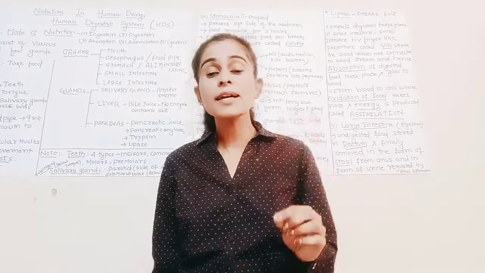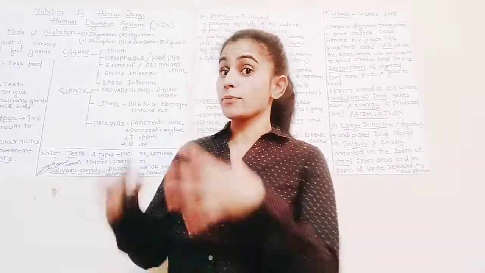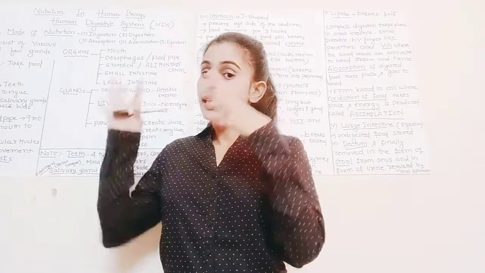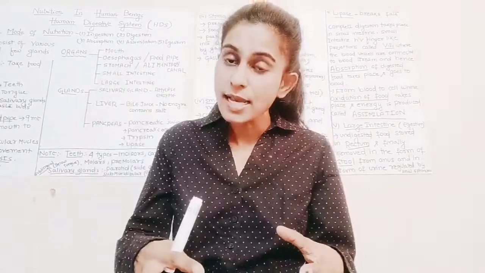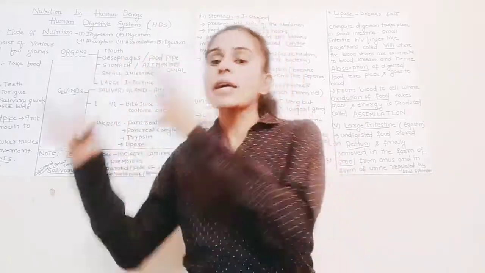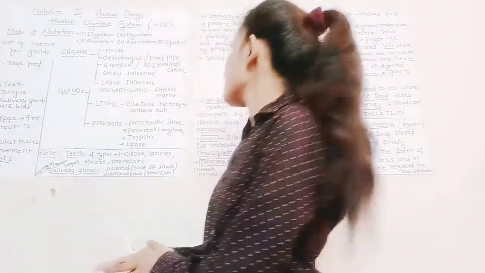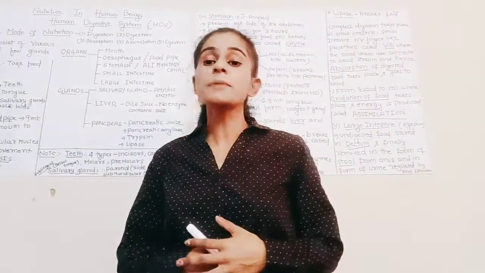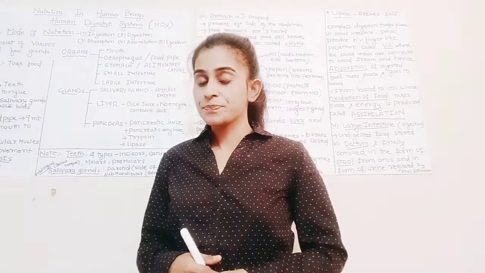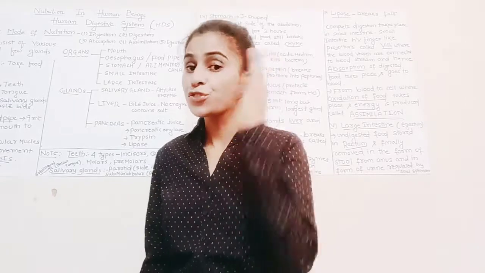The third is mucus, which protects our stomach from HCl. So these three digestive juices act on the bolus and convert it into chyme by breaking it into still simpler particles. These are the things performed in the stomach. The chyme remains in the stomach for 3 hours.